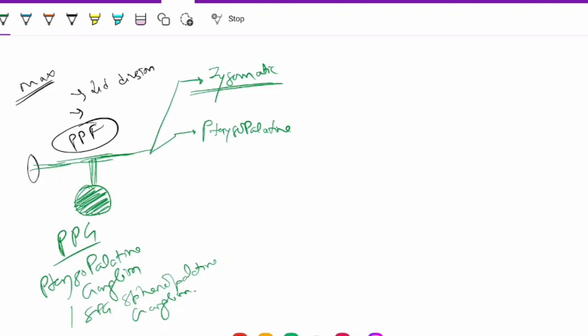Pterygopalatine's branch is palatine. Third branch is known as PSA. Now what is PSA gonna do? We're gonna see. And then out of all this, one continuation happens which enters a fissure known as inferior orbital fissure.